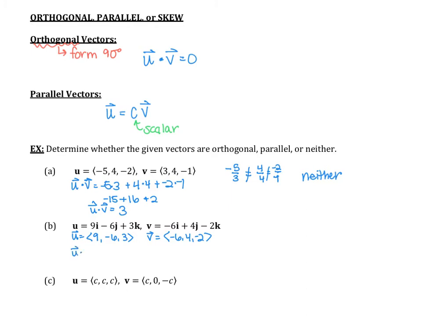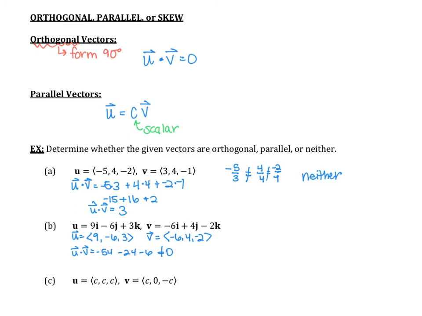If we do u dot v, I get 9 times negative 6, so negative 54. Then I get negative 6 times 4, so I get negative 24. And the next one's negative 6. These do not equal 0, so therefore it's not orthogonal.